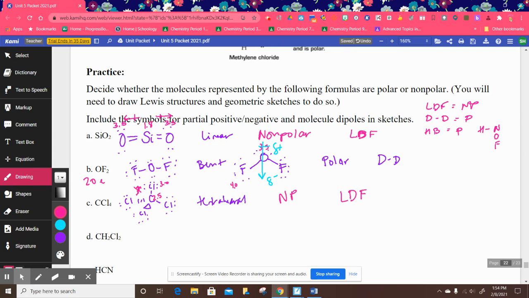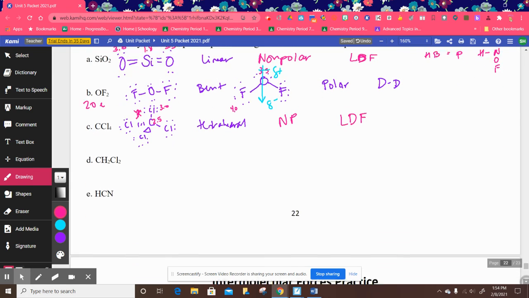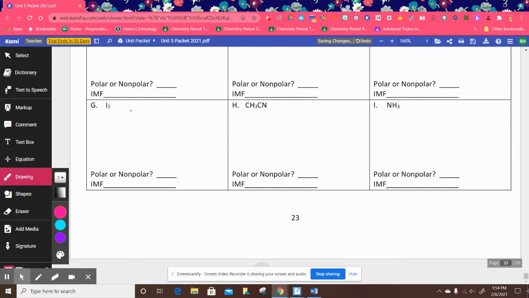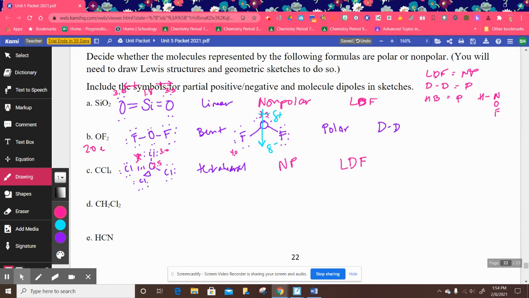Now, what might happen if we were to switch out a couple of these atoms to being hydrogen atoms? So if I want to put carbon in the middle again, I'm going to change these to hydrogen, and put those lone pairs on there.